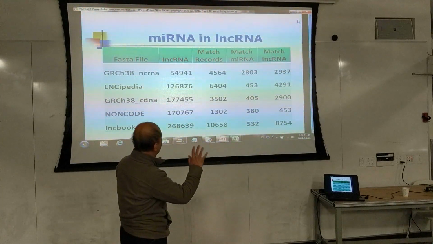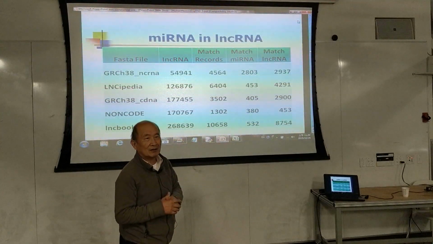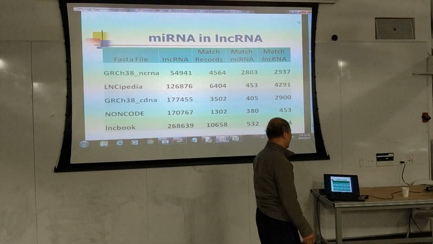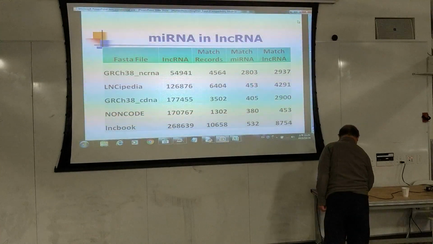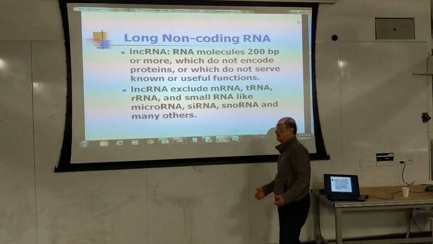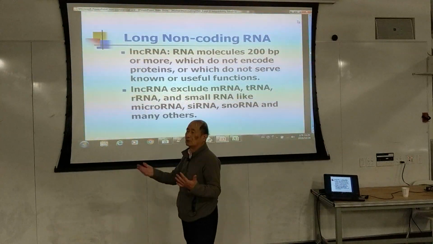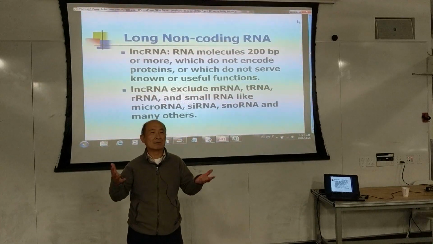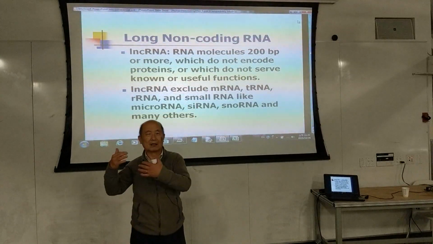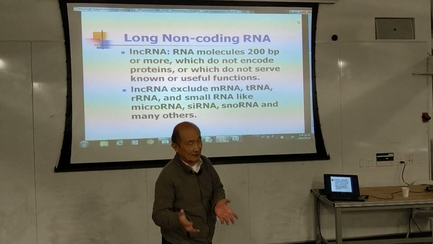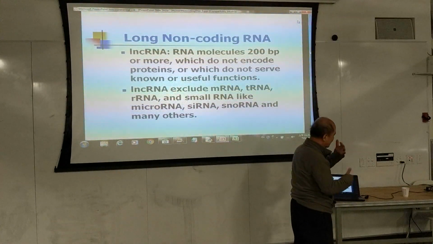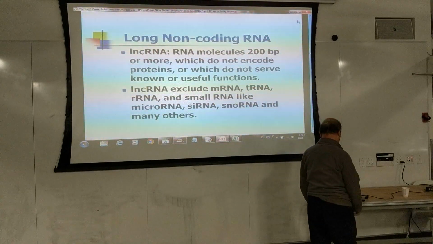So I cannot claim that I proved that microRNAs are in the linear long non-coding RNA, and thus cause all the subsequent mechanism to work. So that's as far as I get.